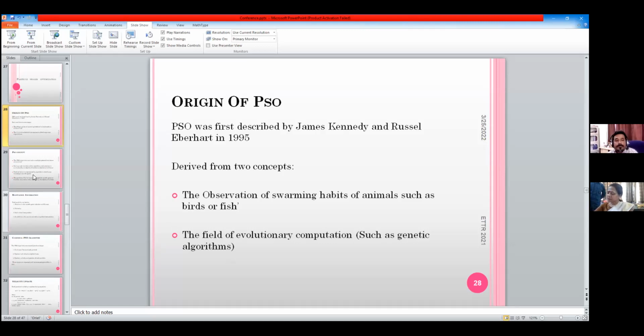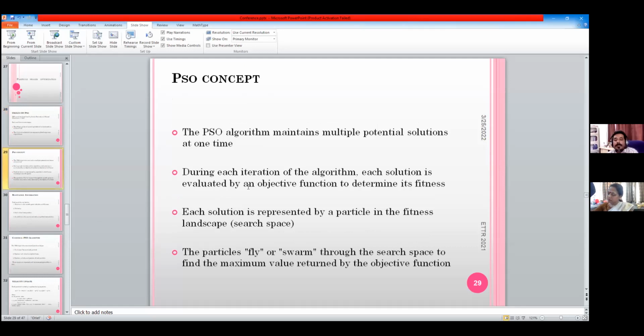Now see the concept. The PSO algorithm maintains multiple potential solutions at one time, because we need to take some search agents first. I have already said that when searching for a good flower, we take 30% who will go for the search. Since 30% go together, we get 30 solutions at one time.